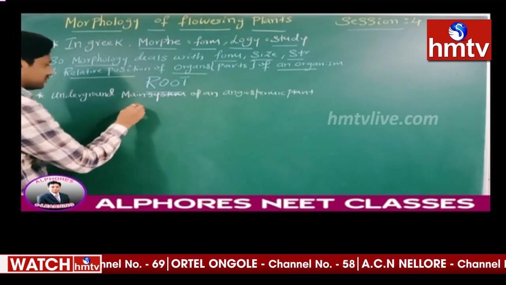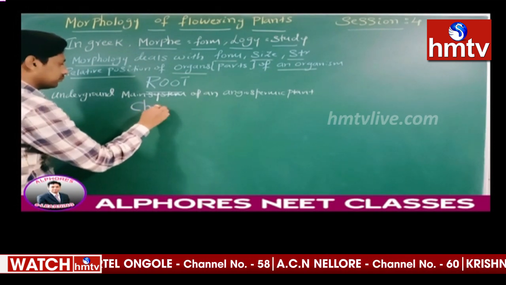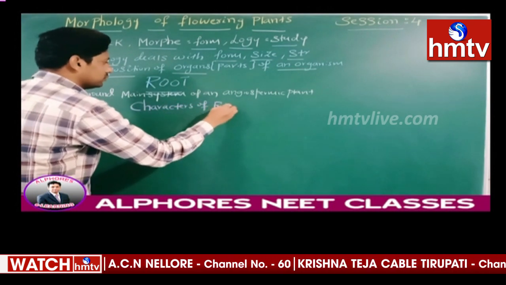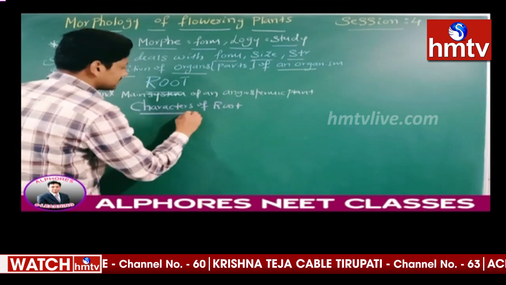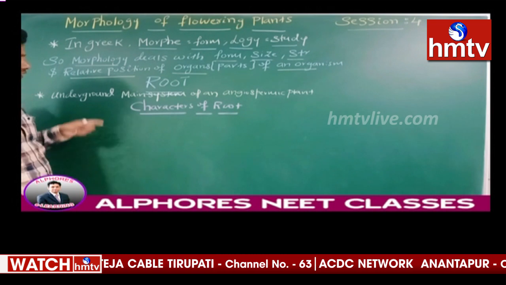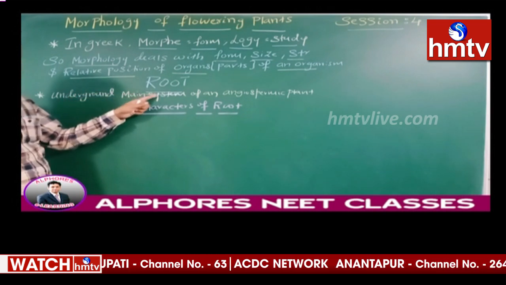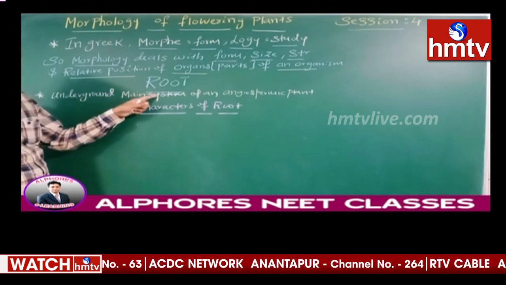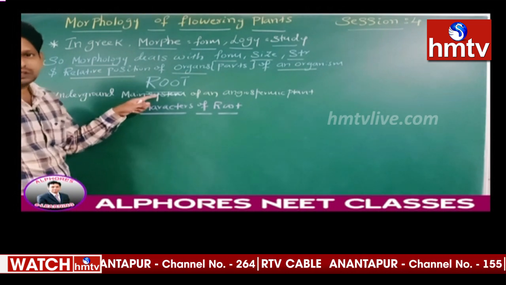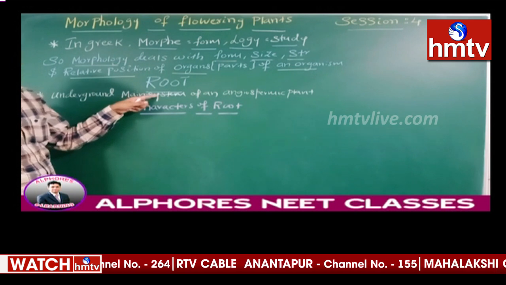What are the characters of a root? Go for the first character. A root is the underground main axis of an angiospermic plant. Generally, root is underground. Does it mean that all the time root is underground?